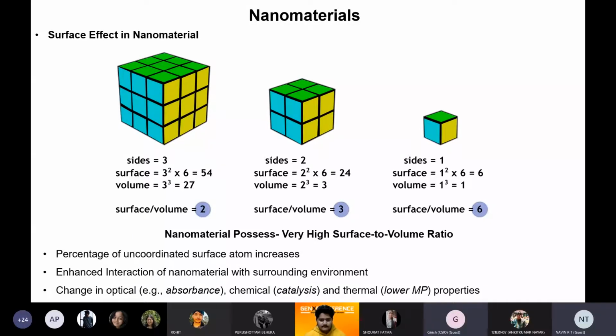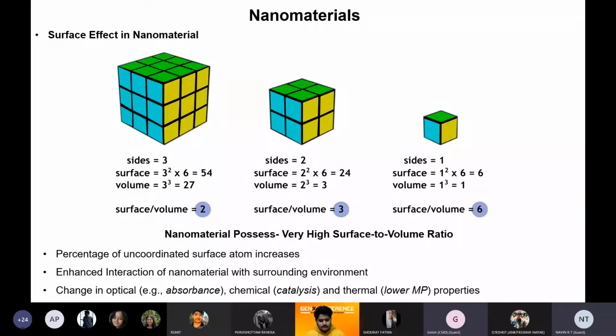So for a particular material, when we go down to the nanometer level, the surface effects become prominent, because the percentage of atoms present at the surface is very high. And most of these surface atoms are uncoordinated.